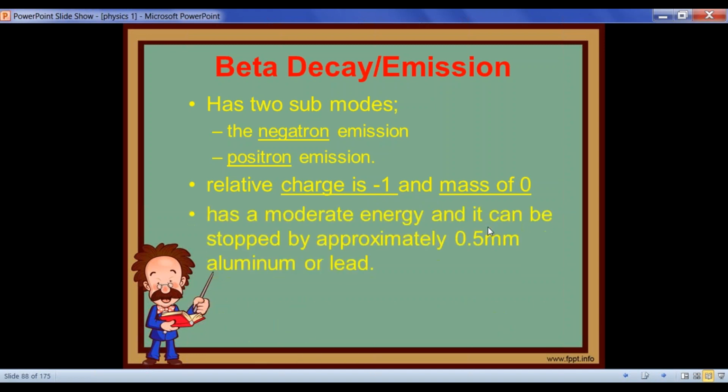So no mass po siya. Mas magaan po siya as compared sa alpha particles. It has a moderate energy as compared to our alpha, and it can be stopped only by approximately 0.5 millimeters of aluminum or lead. Unlike po sa alpha natin, it can be stopped by a piece of paper or cloth. Ang beta decay po, pwede po siya ma-penetrate sa paper and sa cloth. And materials that can stop it must be at least 0.5 millimeters of aluminum or pwede din po ang lead.